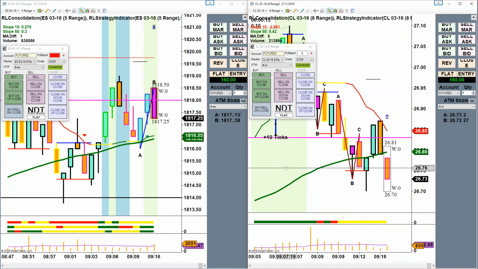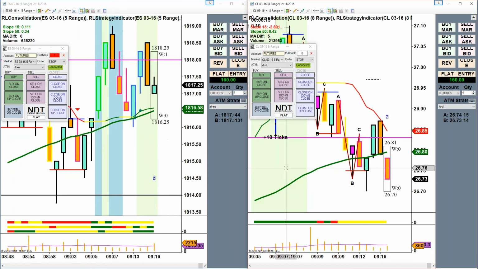Good volume. But the value area high is pushing the E-mini back down. We're not going to trade up into it. We're going to wait for a break of that value area high and a retracement back.